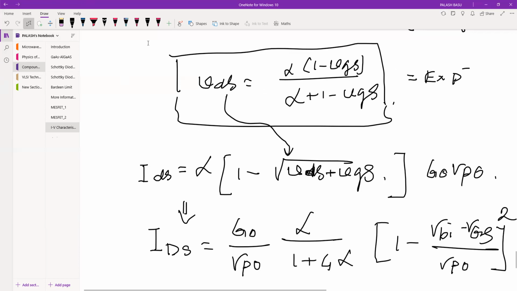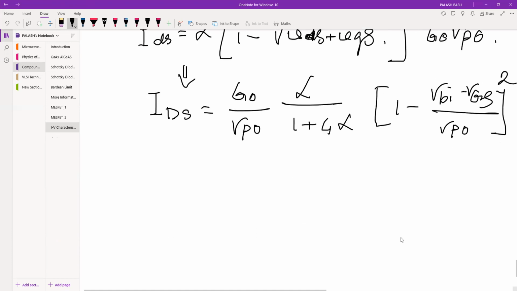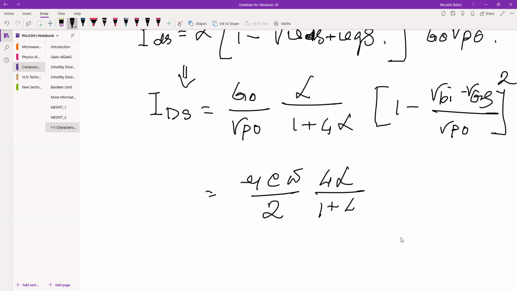If you do all the detailed calculation, it's simple: the G0 value, Q and mu, W by L and all these things. Similarly, everything you put, you will get a value like mu n C W by 2L, 4 alpha by 1 plus 4 alpha, into VGS.